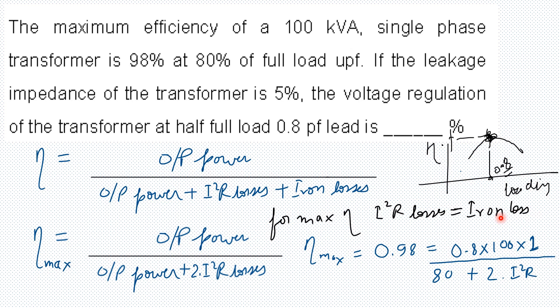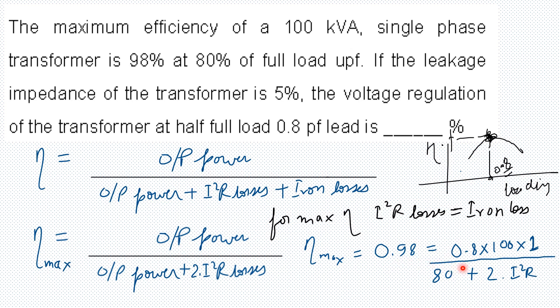So our formula gets modified and it becomes output power over output power plus twice I square R losses. Now we will plug in all the values and try to get our I square R losses.